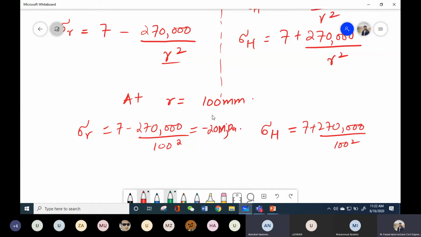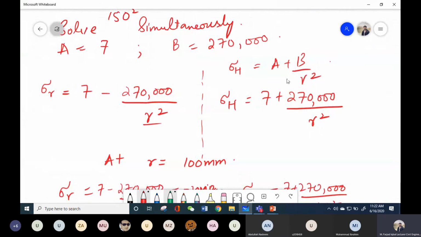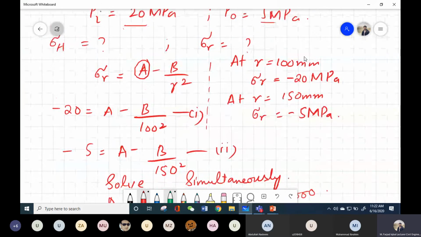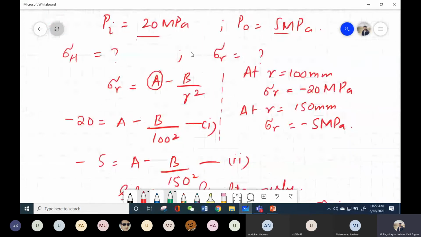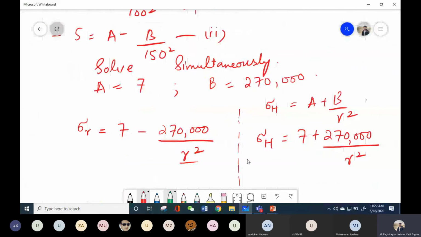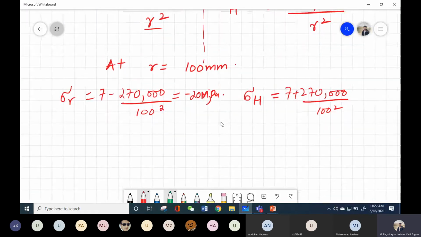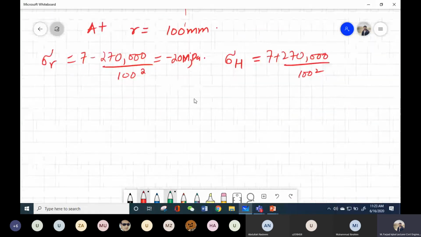So please turn off your mic. So if you look at this value, you will see that this value is exactly the same as the internal pressure that is already given in this question, that internal pressure is 20 megapascal. So we calculated the radial stresses at internal radius and we have got exactly the same answer with an opposite sign.